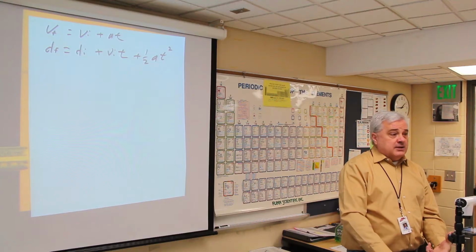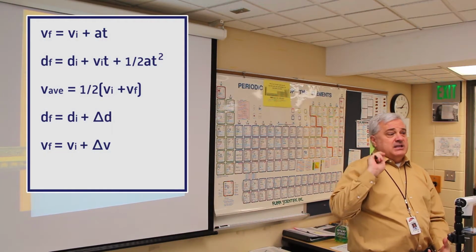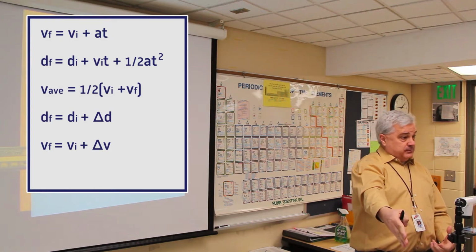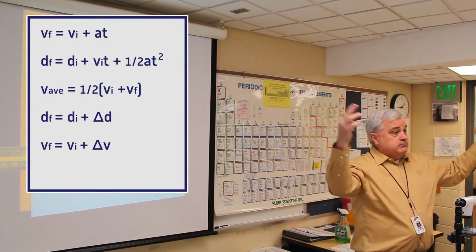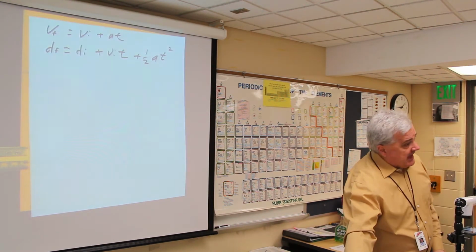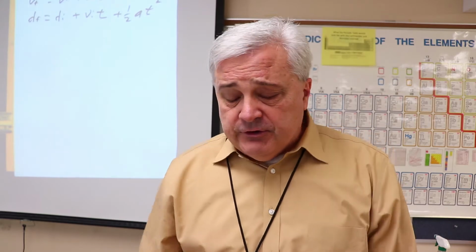If I'm 5 meters from the flagpole and I move 10 more meters, I add those together: 15. Or if I'm going 10 miles per hour and my velocity increases by 10 miles per hour, now I'm going 20. So you don't really need to memorize those equations. These 2, however, you're going to use over and over again.